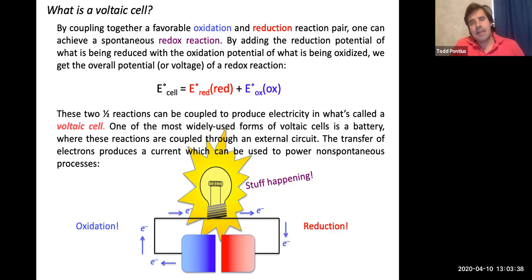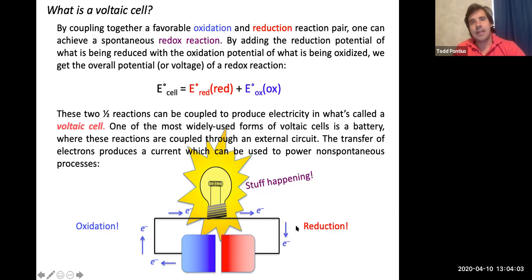So some naming conventions. These are known as voltaic cells. Voltaic cells are collections of materials where you pair something that's getting oxidized and something that's getting reduced. And one of the most widely known forms of these, with a more commonplace name, is a battery. So batteries are a type of voltaic cell.